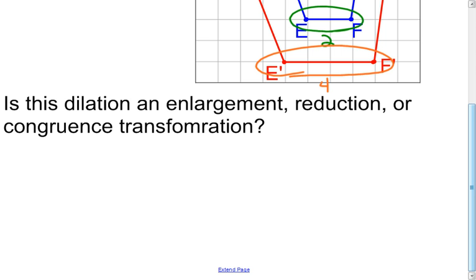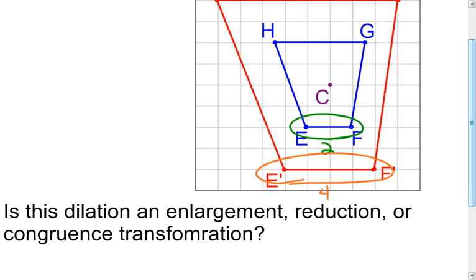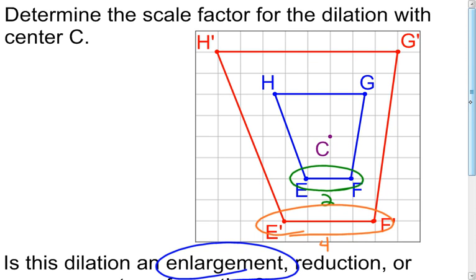Is this dilation an enlargement, a reduction, or a congruence transformation? Well, hopefully you can look at this and see that going from blue to red, it got bigger. So I'm looking at an enlargement, which then tells me, do I do 2 over 4 or 4 over 2? Well, I'm going to have to put the bigger number in the numerator.